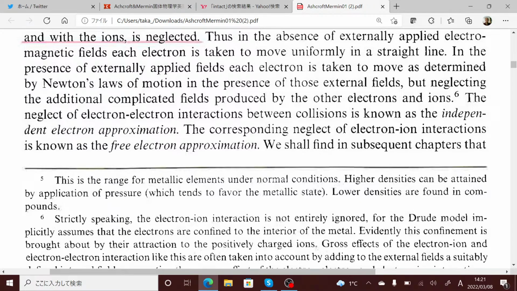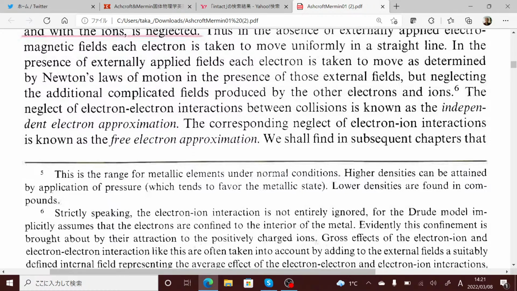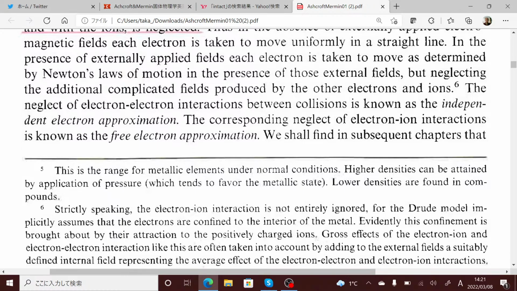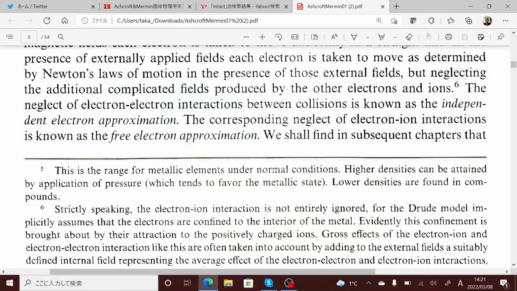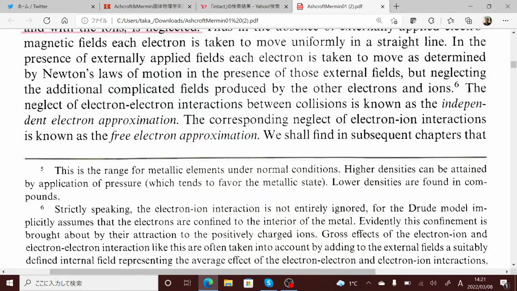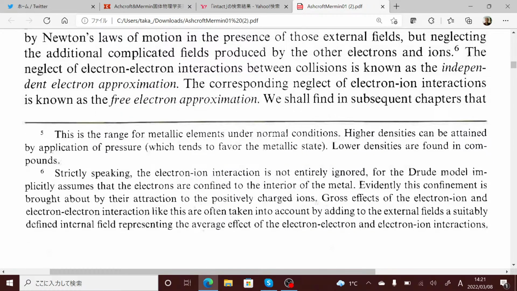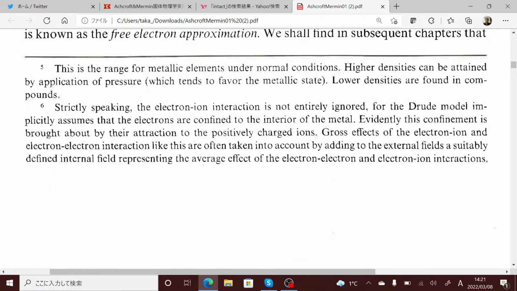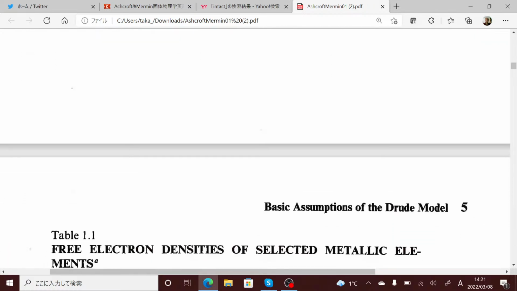The corresponding neglect of electron-ion interactions is known as the free electron approximation.